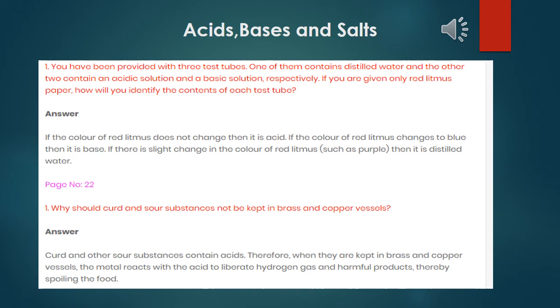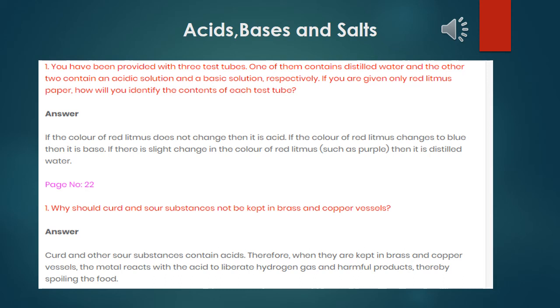You know that red litmus paper turns blue in basic solution and blue litmus paper turns red in acid solution. But you have only red litmus paper.